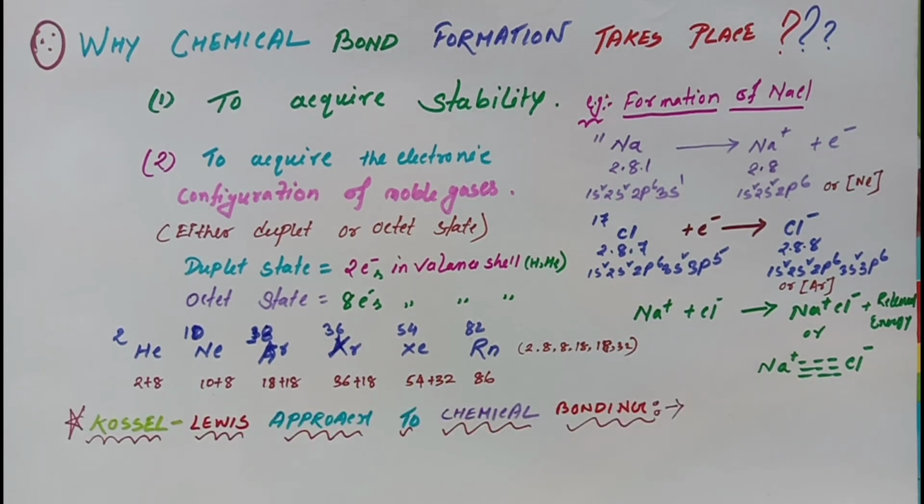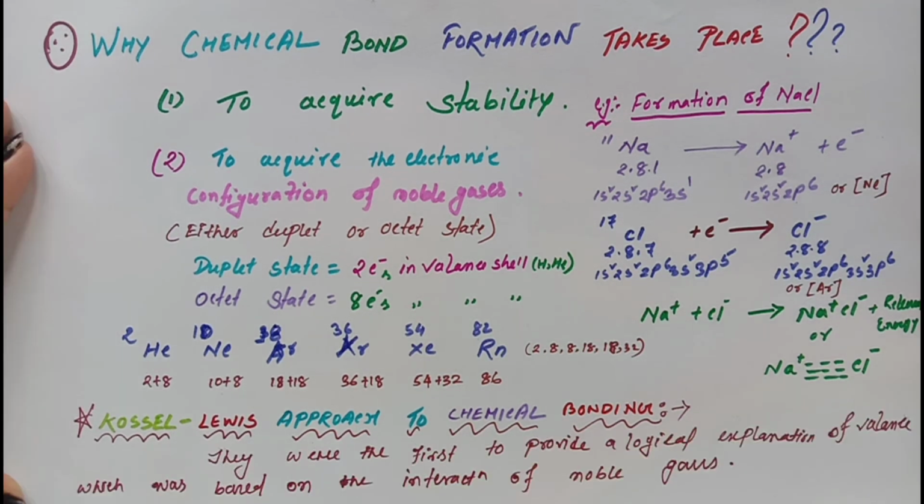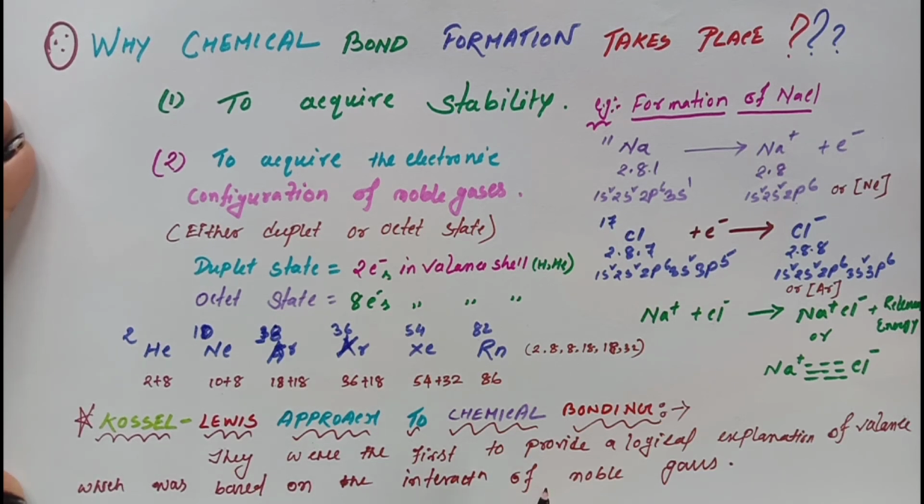There were two scientists whose names were Kossel and Lewis, and they tried to explain the formation of chemical bonds based on the inertness of noble gases. These two scientists also found that noble gases are stable by completing their octet, and so other elements also try to complete their octet like noble gases to maintain their stability.